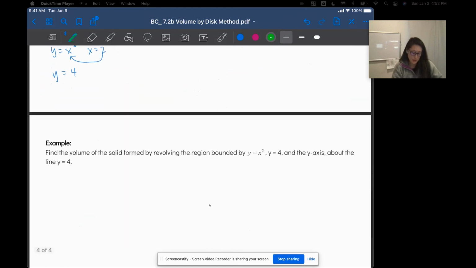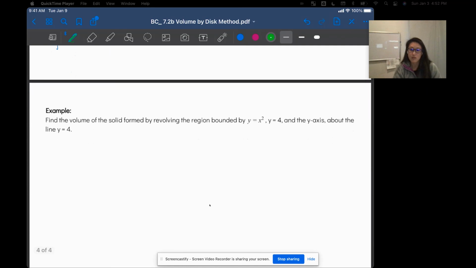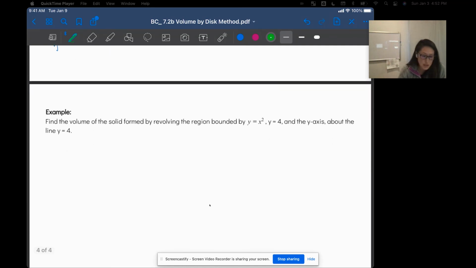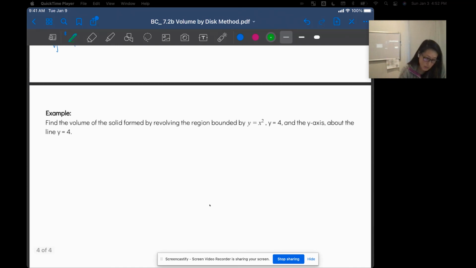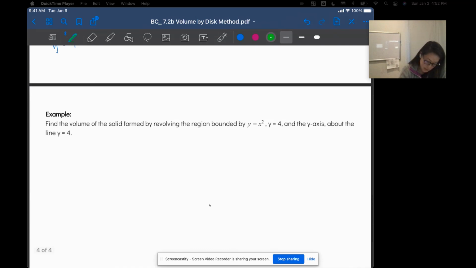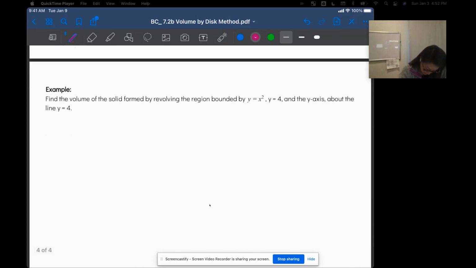All right, real last one. Find the volume of the solid formed by revolving the region bounded by y equals x squared, y equals 4, and the y-axis about the line y equals 4. This one's really similar, but it has a little bit different stuff going on.